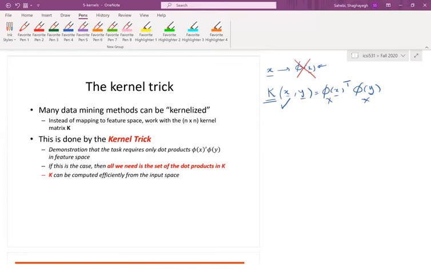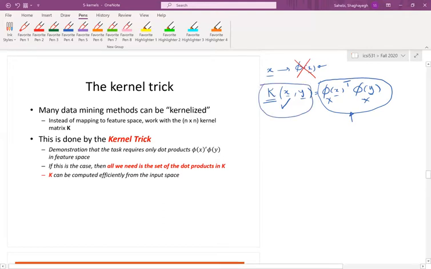So the first thing is that we should show that whatever tool we are going to use can work only based on the similarities or the dot products. We should show that our method can only work with this kind of dot product between the data points. Then if we can show that, all we need is to have access to this kernel matrix.